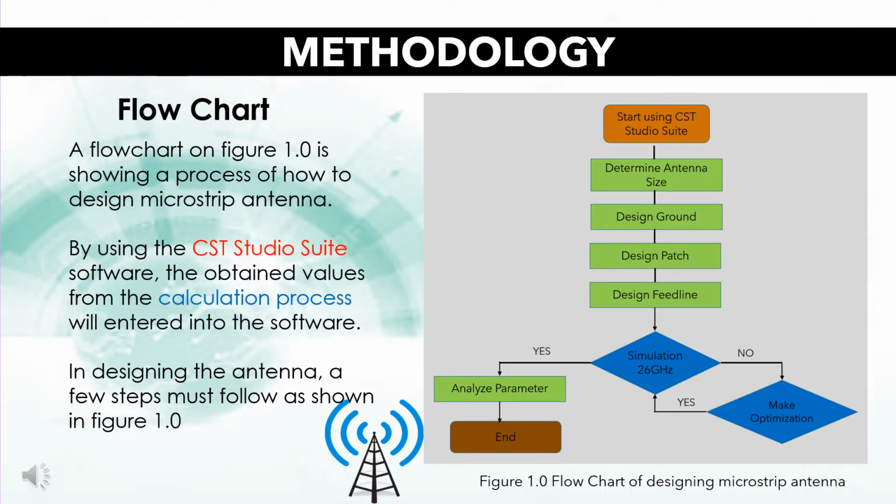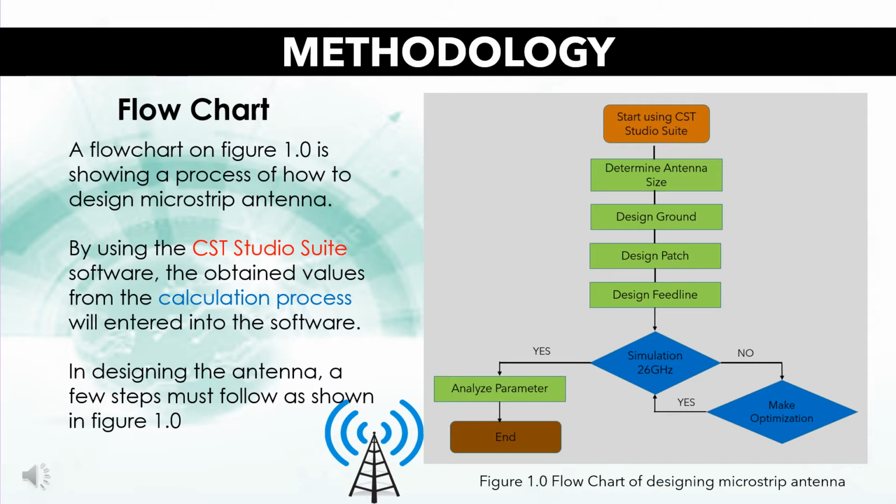Now, let's move on to my next topic, which is methodology. A flowchart in figure 1.0 shows the process of how to design a microstrip antenna. By using the CST Studio Suite software, the values obtained from the calculation process will be entered into the software.